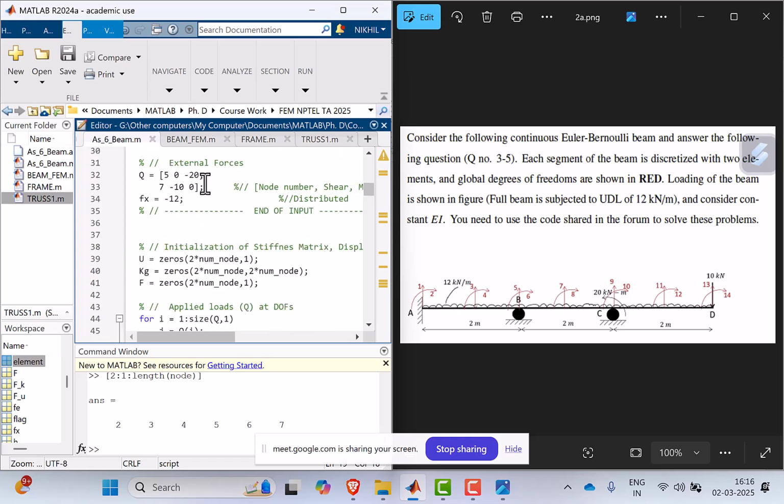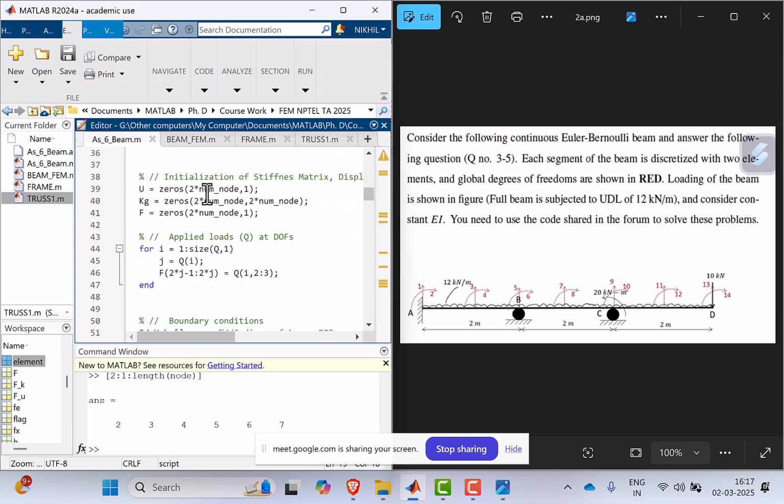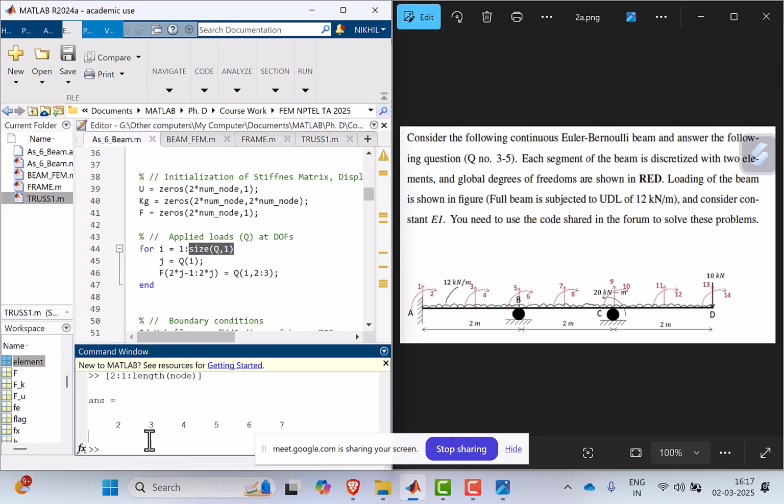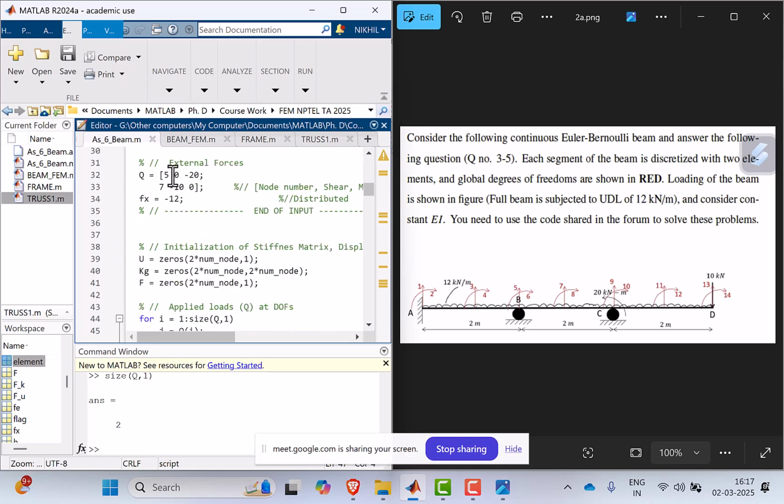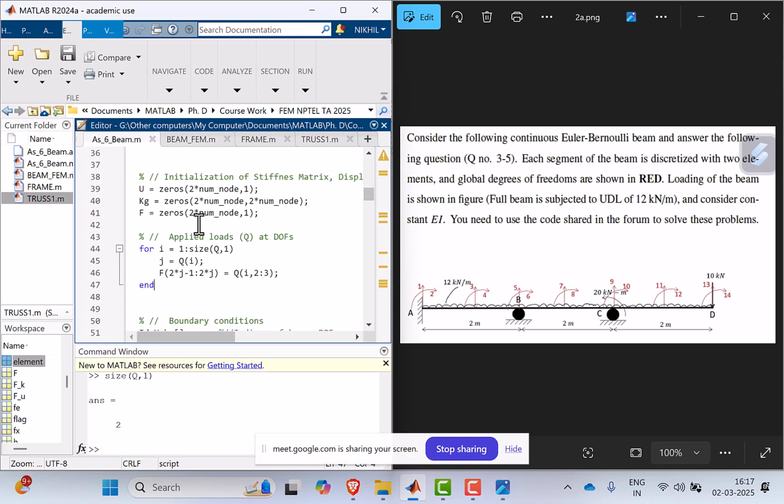Now we have to distribute on the basis of degrees of freedom, because we have to write ku equal to f in terms of all the degrees of freedom. So we run a loop from 1 to size of q1. Let's see the size of q1: it is 2. So the loop runs from 1 to 2, because each q has 2 forces, so it will run for 1 and 2.